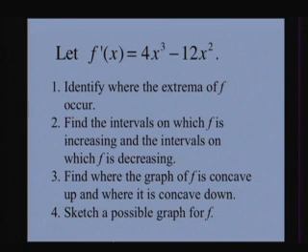Then we're going to find the intervals on which f is increasing and decreasing. Then we'll find where the graph is concave up and where it's concave down. And finally, we'll sketch what could be a possible graph for that function f.